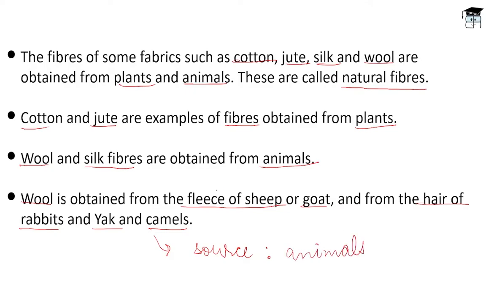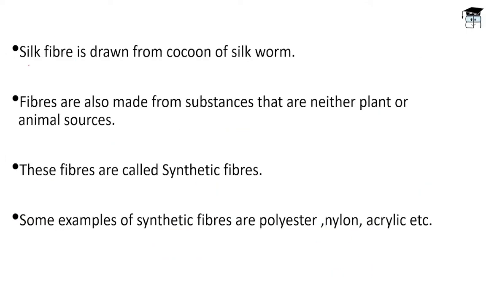From the fleece of sheep and goat and from the hair of rabbits, yak and camels. Okay, now we have discussed wool in detail. Let us discuss silk fibers also. Silk fiber is drawn from the cocoon of silkworm. Okay, so this is what? This is the source now. Silkworm and cocoon, right?